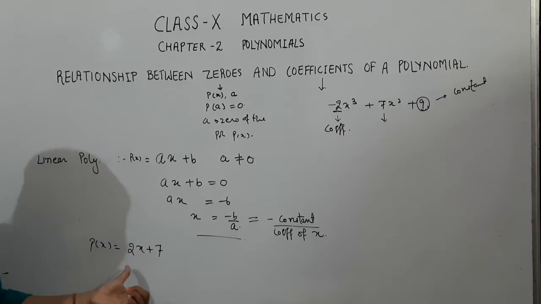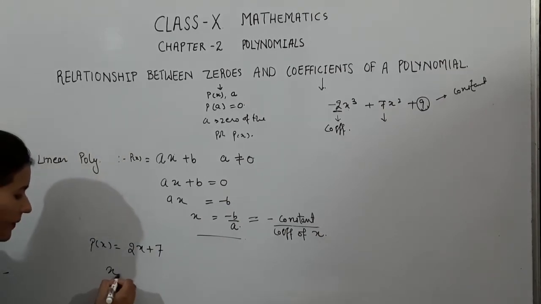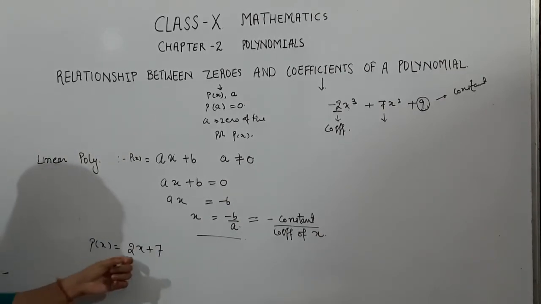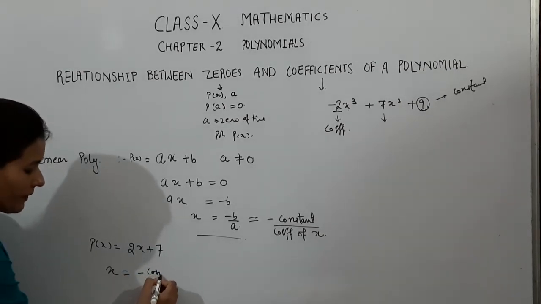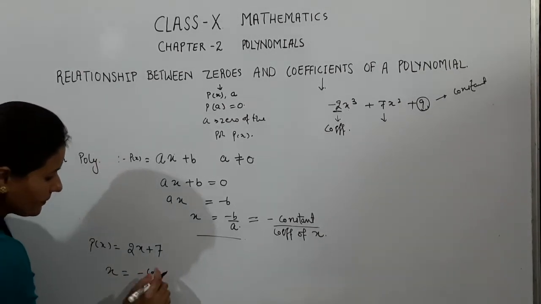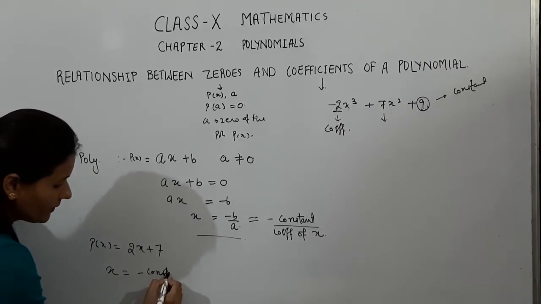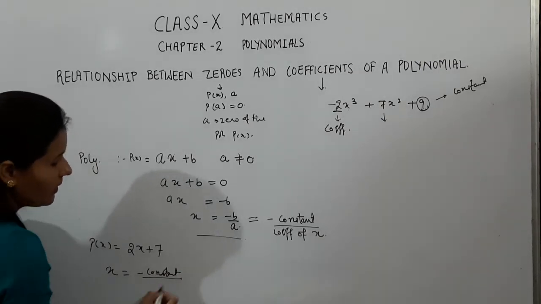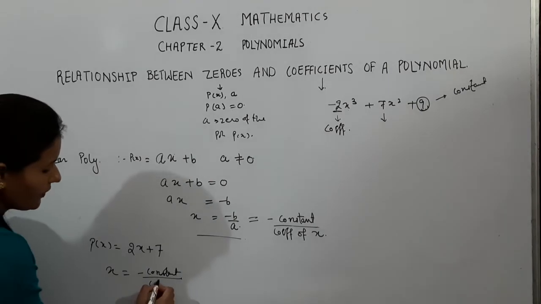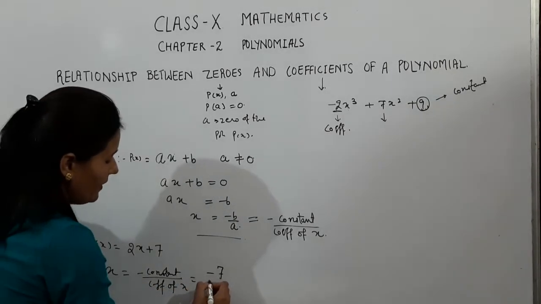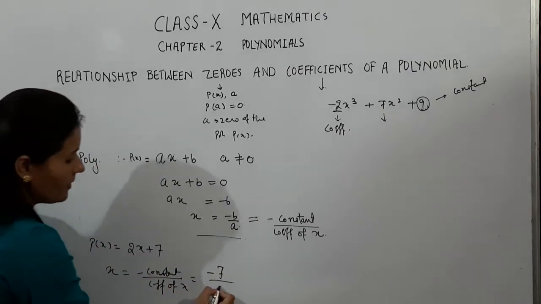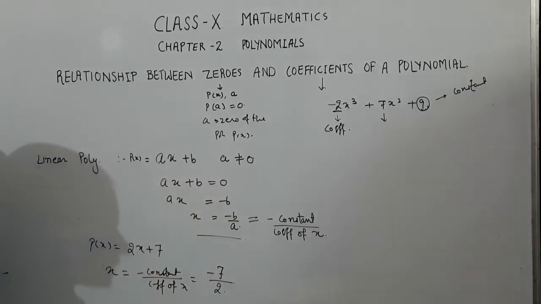Here you can simply write what will be the zero of the polynomial: minus constant upon coefficient of x. The constant term is 7 and the coefficient of x is 2. Right? So this way you can find the zero of the polynomial.